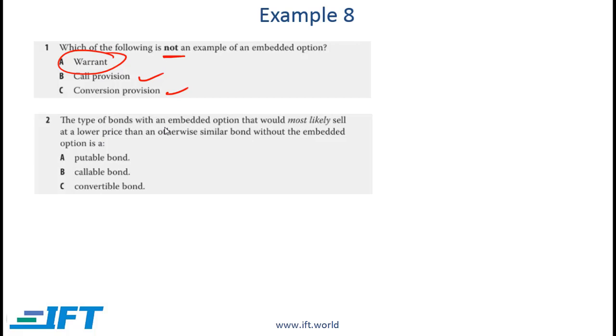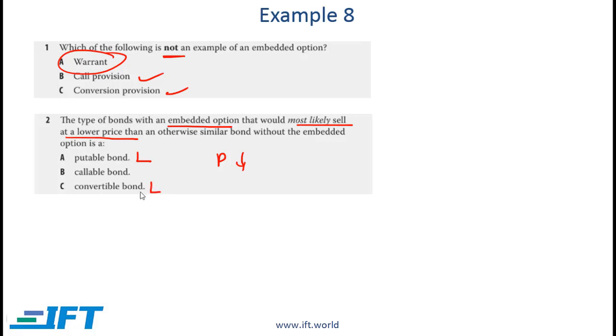The type of bonds with an embedded option that would most likely sell at a lower price than an otherwise similar bond without the embedded option. So lower price means that investors don't like the option. As we've discussed, investors actually like the put option because that in a sense guarantees that investors can give the bond back at a certain price.